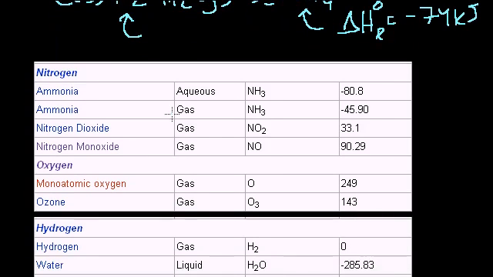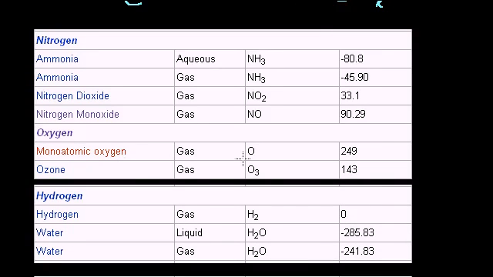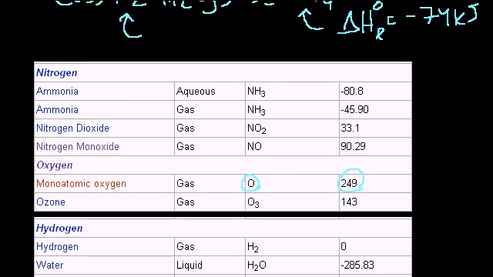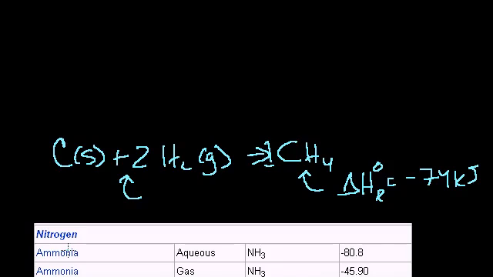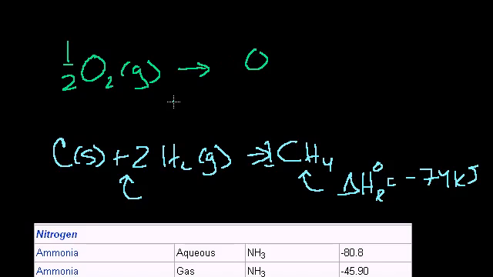Now there's a couple of interesting things here, and we'll keep using this table over the next few videos. As you see here, monoatomic oxygen has a positive standard heat of formation, which means it takes energy to form it, right? If you have a reaction, let me just write it this way, 1/2 of molecular oxygen as a gas going to 1 mole of oxygen in its gaseous state.